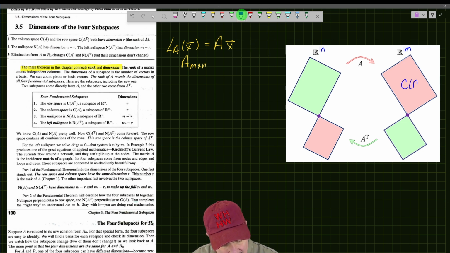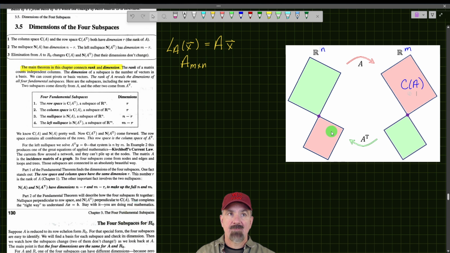That means that we have a fundamental subspace, which is the column space of A. This is the set of vectors in Rm which we can map to as a linear combination of the columns. And we've talked about this. We also want to talk about the null space. I've color-coded the squares here. Strang doesn't do this, but I've done this to demonstrate that the red is associated with the A transformation.